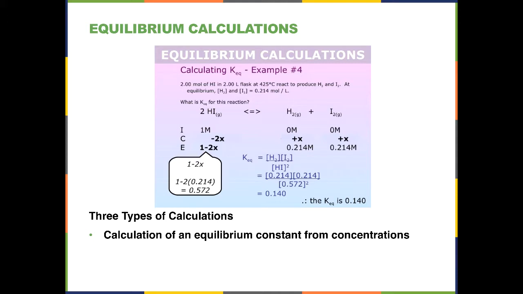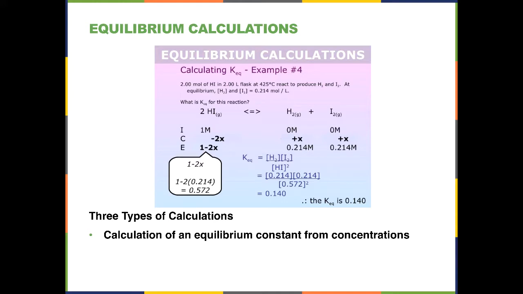At the end of the reaction, you have 1 minus 2X for the concentration of hydrogen iodide, and it's given what these X's are. So you can put those in and do the numbers, and it gives you the equilibrium constant.